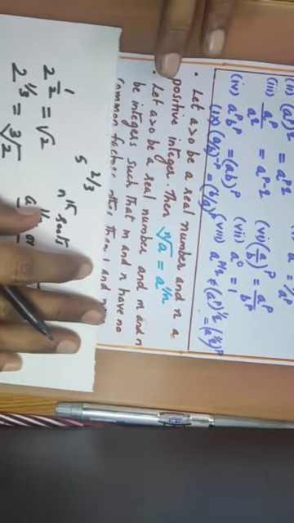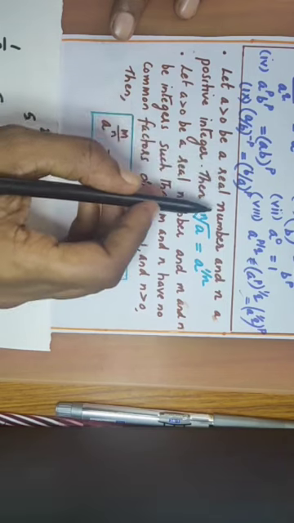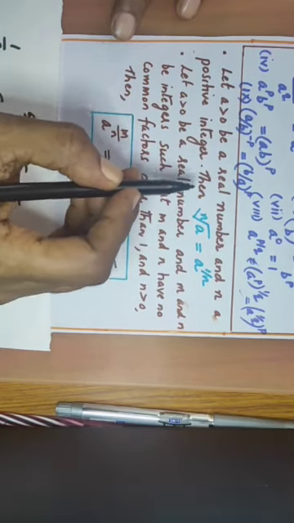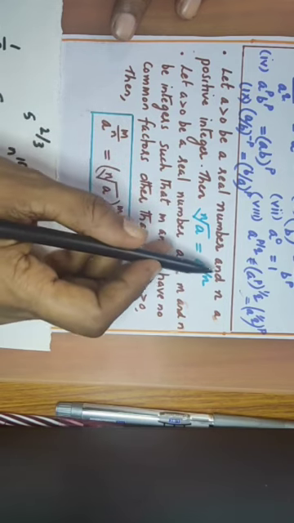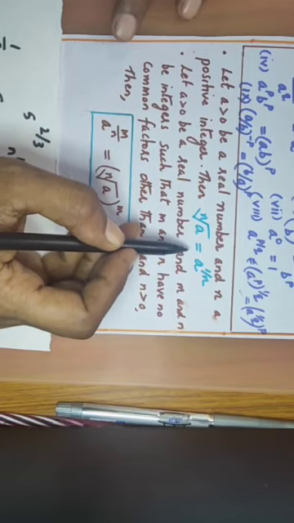See the laws here. Let a greater than 0 be a real number and n is a positive integer, then nth root of a is equal to a raised to 1 by n. Please remember this new law.